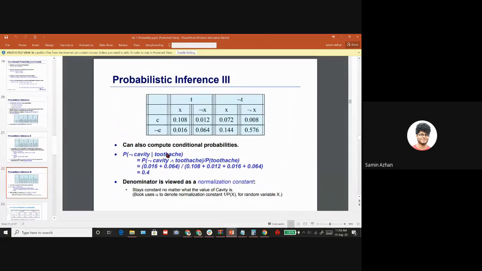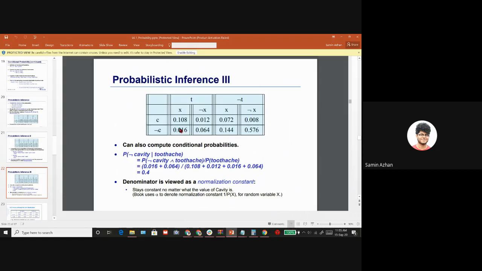In this case, we have to figure out the probability of not cavity given toothache is true. If we use the conditional probability formula, it should be the probability of not cavity and toothache divided by the probability of toothache. Let's find that. Not cavity is the bottom row and toothache is the first two columns.